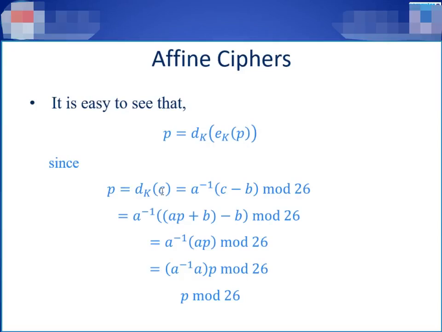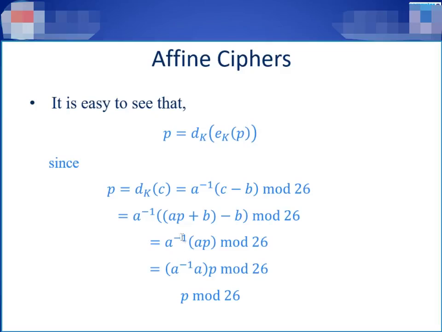If we substitute this C by the decryption algorithm, and substitute the value of the ciphertext, we will obtain this type of expression. So the B's are cancelled. We are left with A to the power minus 1 multiplied by A and multiplied by plaintext.